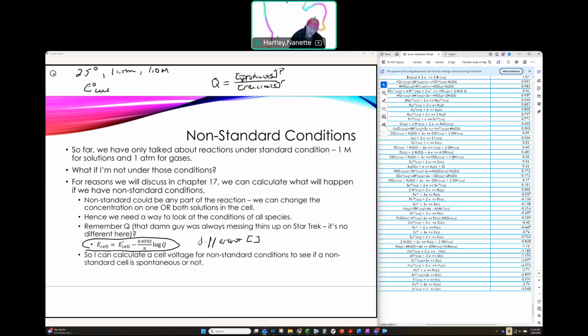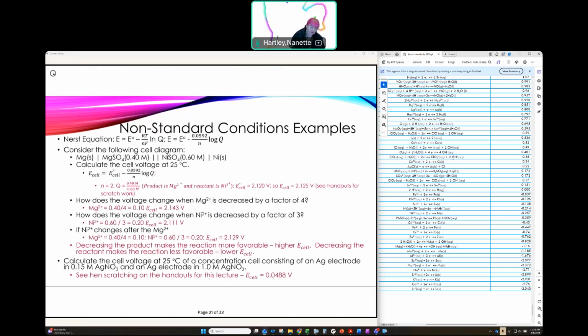So let's see what that can look like. Now, there is another form of this equation, and I'll show it to you right here. E is also equal to E naught minus RT over NF. So if I'm at a different temperature, I can correct for that using the temperature, the number of electrons, the R value, which is a different R value, that 8.314, and the Faraday constant.